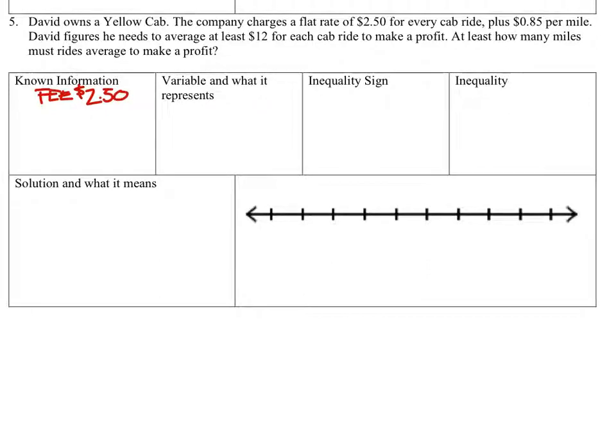And then it will also cost 85 cents per mile. That's per mile. And we need each cab ride to be $12 per ride, which will give us some kind of profit.